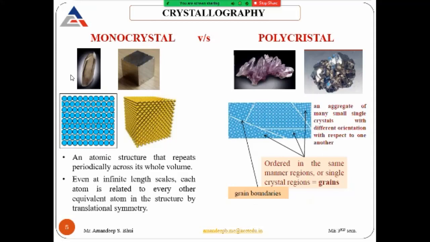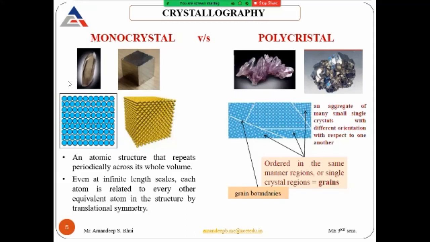The crystal structure repeats itself throughout the volume of the metal or the substance. Even at infinite length scales, each atom is related to every other equivalent atom in the structure by translational symmetry.